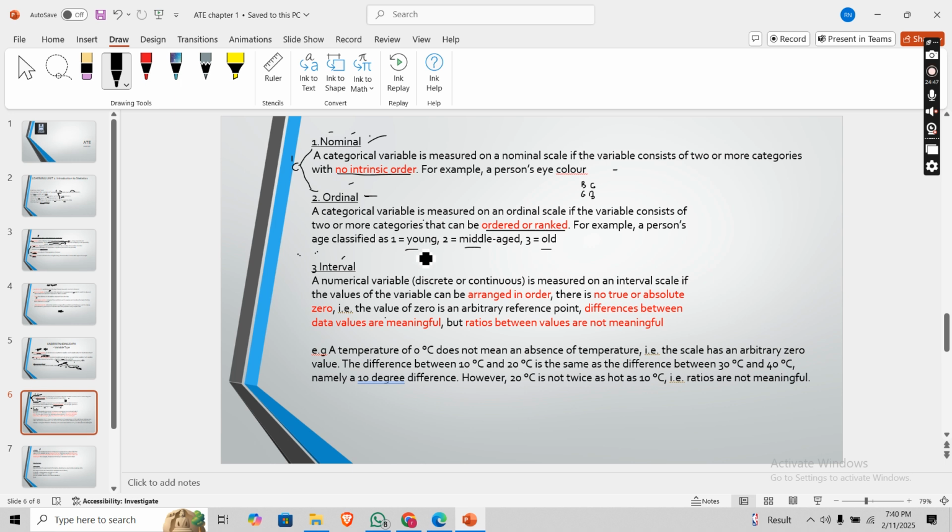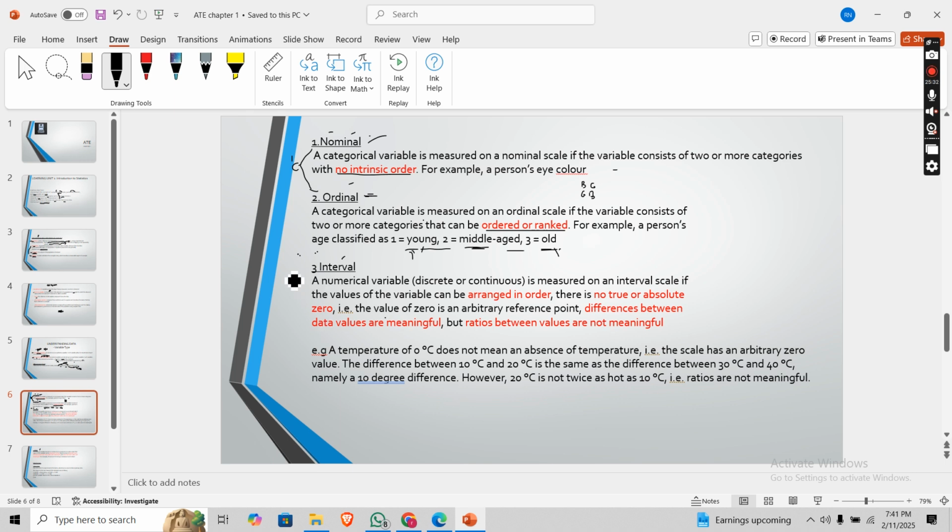This follows a specific order. You cannot start with old, then go to middle age and young. You start from being young, then you become middle-aged, and afterward you become old. So there's an order. We can rank these: this one is smaller than this one, or this one is bigger than this one. If categorical data can be ranked, we use the ordinal scale to extract data from our categorical random variable.